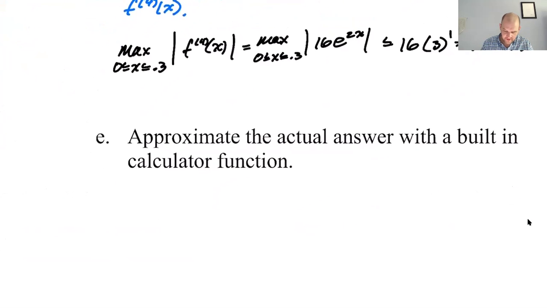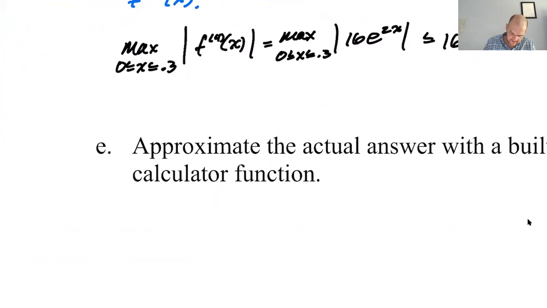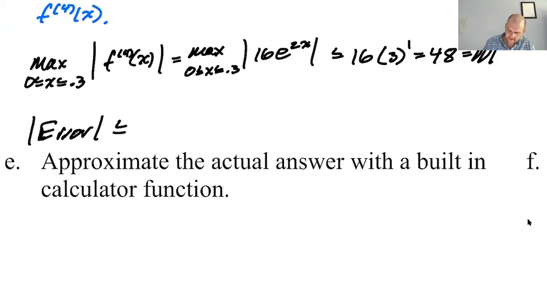The actual error, I'm going to say the absolute value of the error is less than or equal to M, right? So 48 times the absolute value of 0.3, which is what we're plugging in, minus 0, which is the center, to the 4th power over 4 factorial.